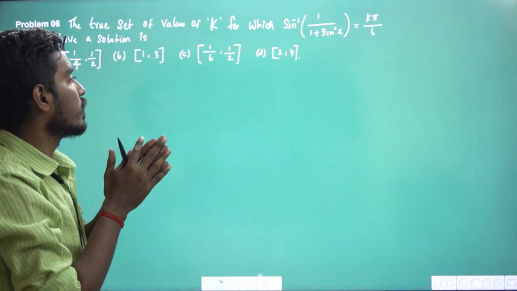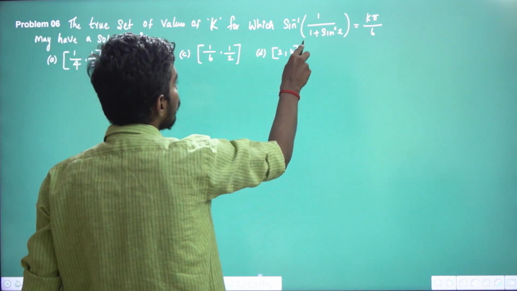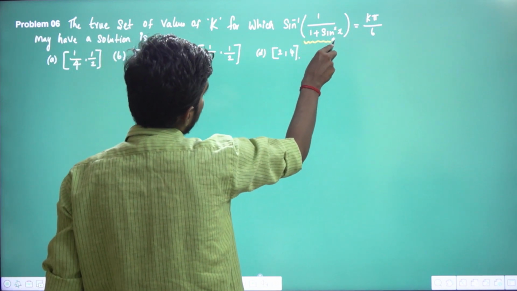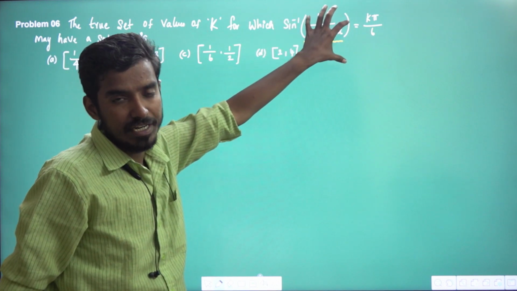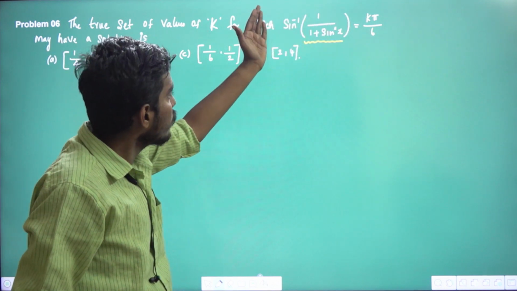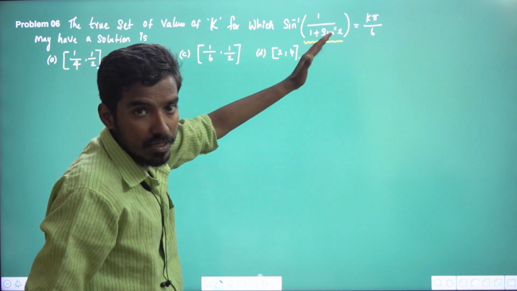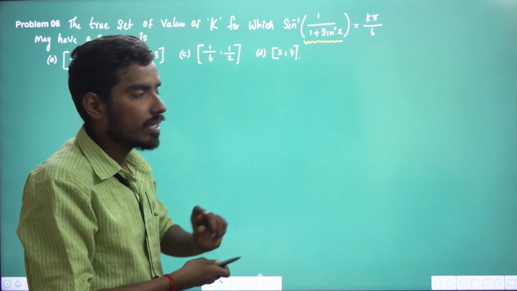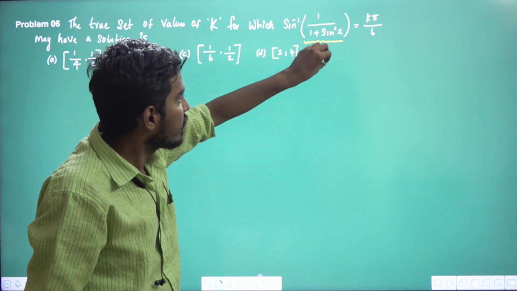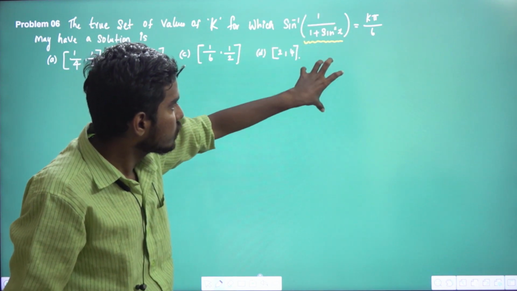So what we can do is, first we will find the range for 1 divided by 1 plus sine square x, because we need to apply sine inverse of something. Just find the set of all output values for this function.